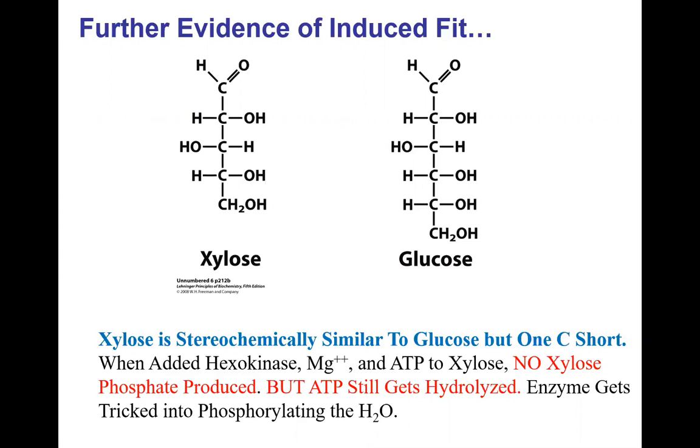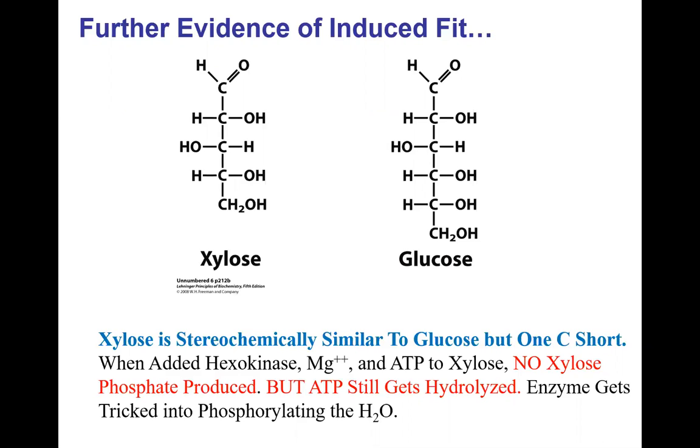But it turns out that when they tried to look for ATP, they saw that ATP is rapidly getting hydrolyzed. And because hexokinase is not an ATPase, it doesn't hydrolyze ATP, that's not its function. The only explanation is that ATP and xylose bound to hexokinase in a catalytically competent conformational form.